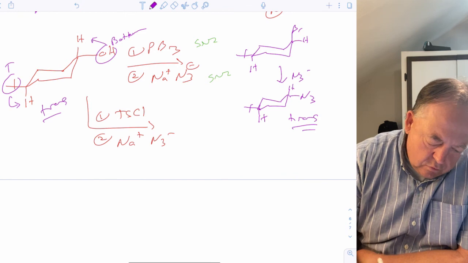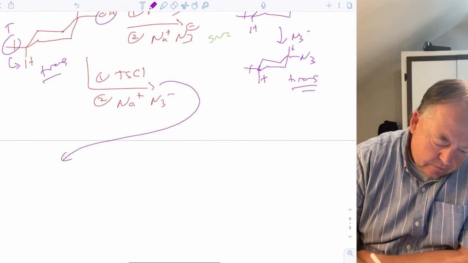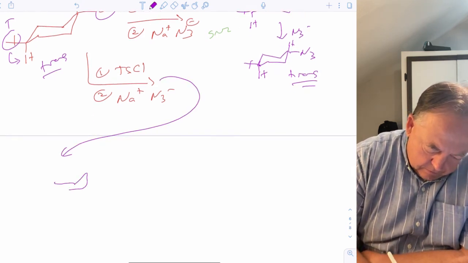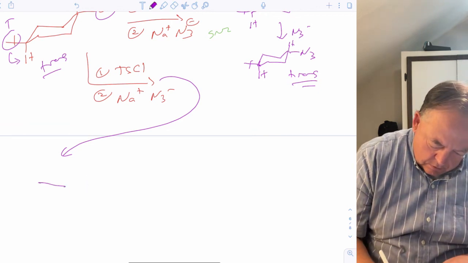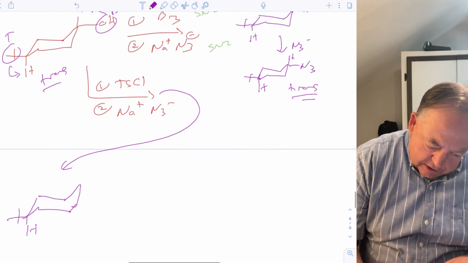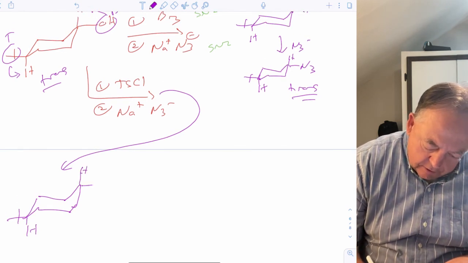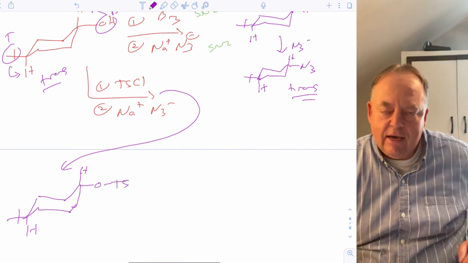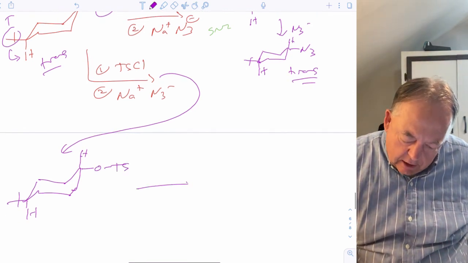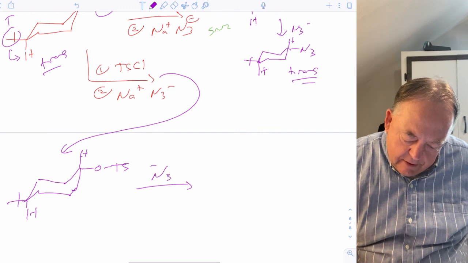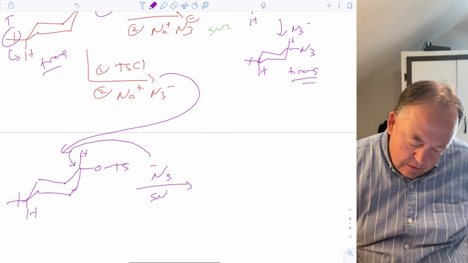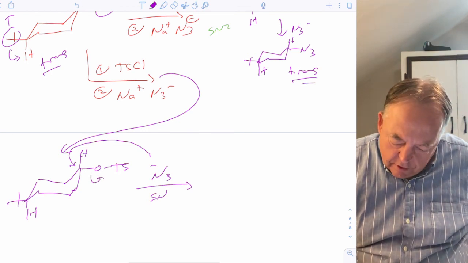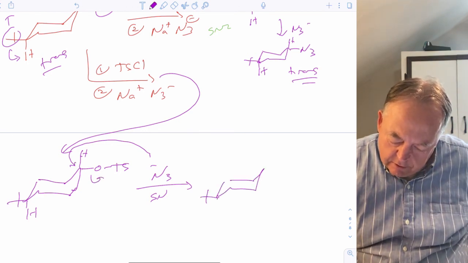But if you did this reaction instead, well, the first reaction with the tosyl chloride doesn't flip the stereochemistry, right? You just make the OTs because the reaction's at oxygen. But then when you do the next step, that's the SN2 reaction. So when this attacks here and kicks off the leaving group, then you flip the stereochemistry.